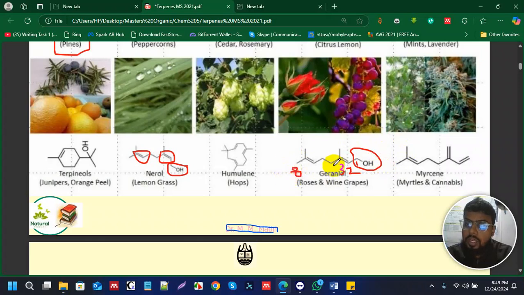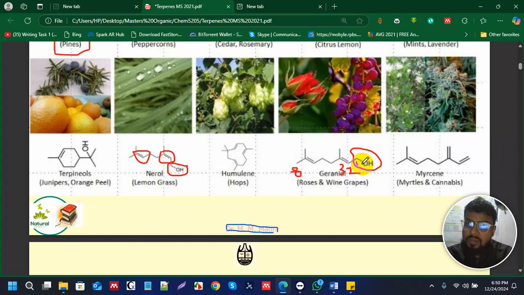That means in case of nomenclature of any terpenoid or any chemical compound, we have to find out the branches at first, and then we have to find out the parent carbon skeleton, and we have to label it by using numbers, and then we have to give the name of the functional group at last.